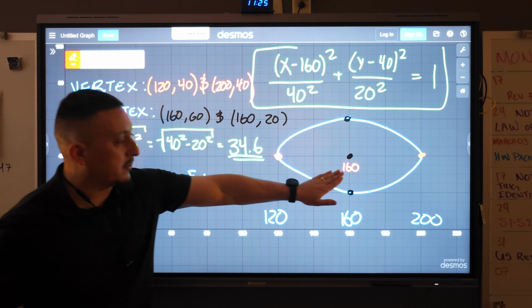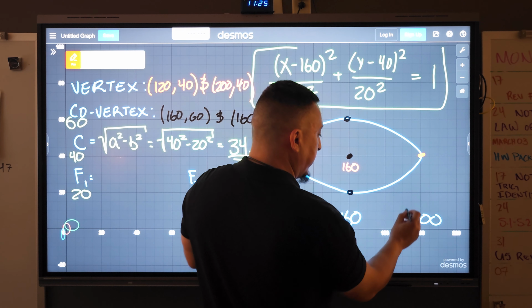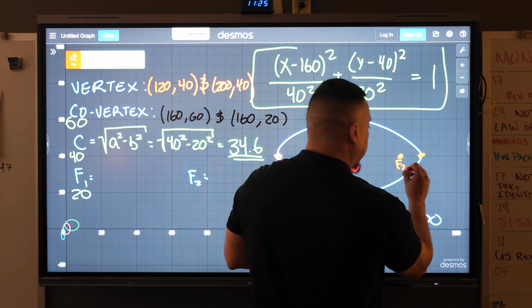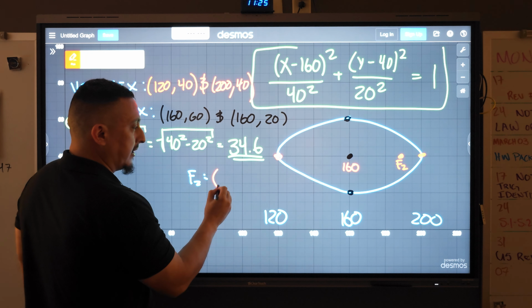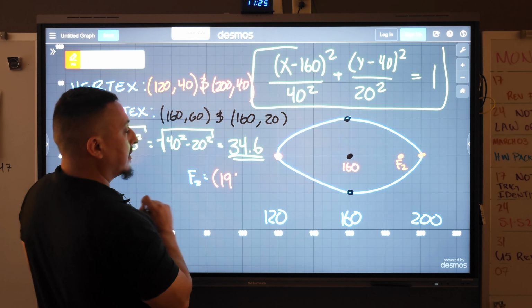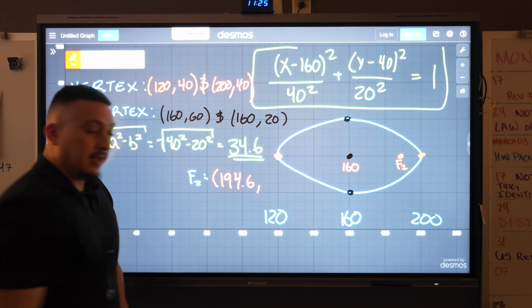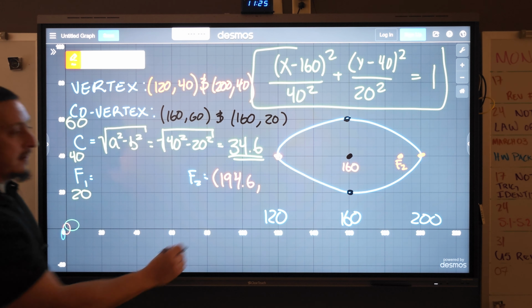So what's 160 plus 34.6? 194. Okay. So right here at 194.6, I'm going to call that F2. So F2 is located at 194.6. That's the X location. The Y location is the same as the center, at 40.